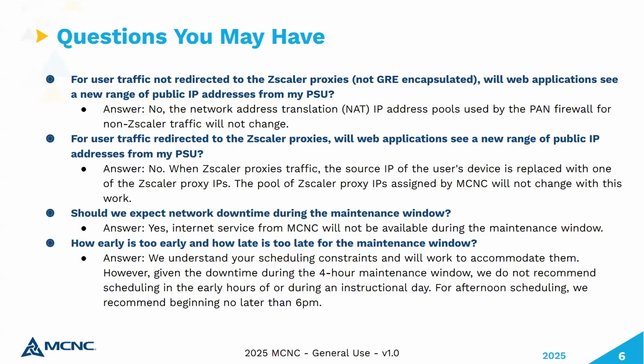I did have a question that just came in: I already scheduled my date, but now that I know the time frames, that date's not actually going to work for me. What do I need to do? If you have already registered, you should have received a case from our project manager, an email that would start the process for scheduling that maintenance window for you.